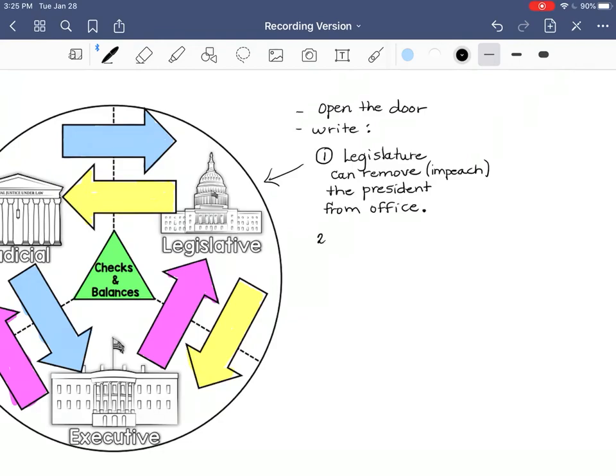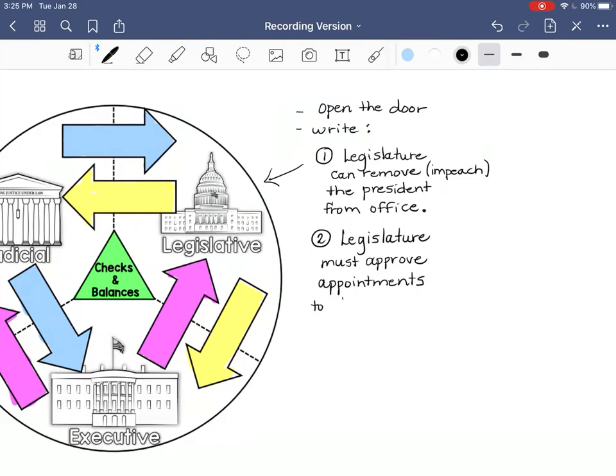So what can they do to the judicial system? The legislature must approve appointments to the Supreme Court. So if the president wants someone to be on the Supreme Court, that cannot happen unless the legislature approves it.